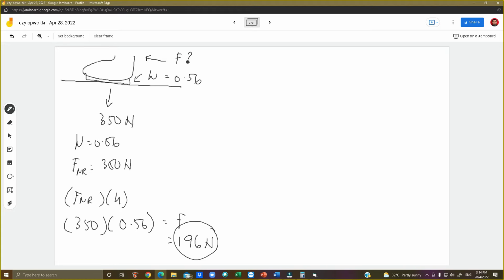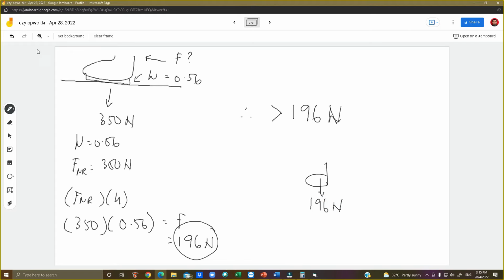Jawapan ada kat situ, tambah satu benda je. Greater than 196. Apa maksud dia? Maksud dia kasut ni, okay, at any given point of time, this kasut ada 196 Newton.